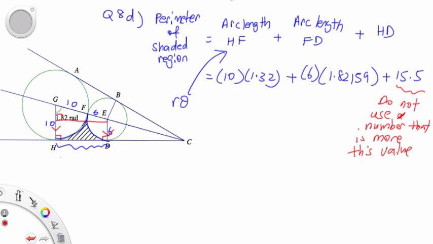Because in the earlier question they asked you to prove that HD is 15.5, and because HD is 15.5, you will use this value instead of the 5 decimal place value. Alright, so take note of this.